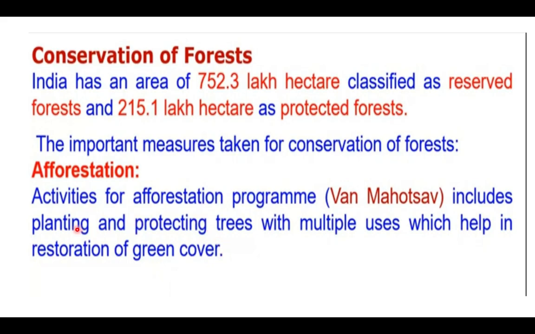That means afforestation is the only way to control the deforestation. Okay, now no other go. If a tree is necessary, it can be cut. If one tree is cut, two trees are to be planted again. So if such a strict rule is followed, our forest can be conserved.